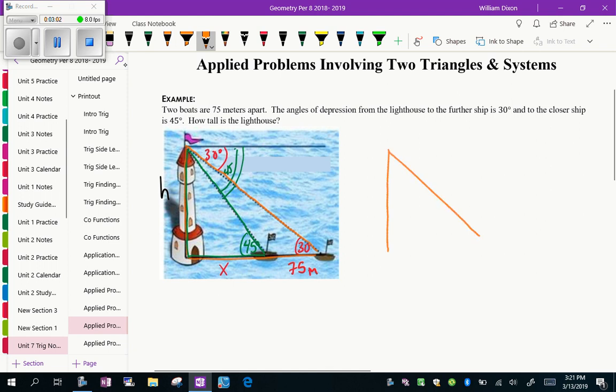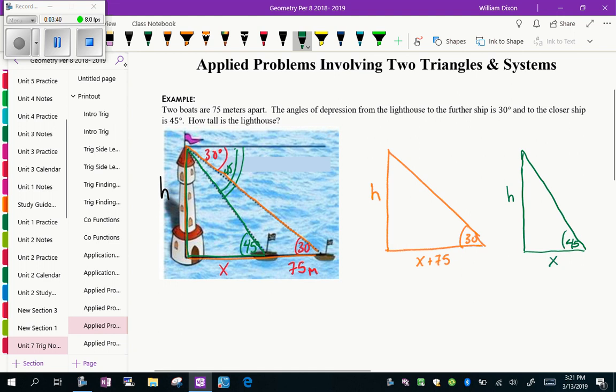In the big triangle, I have my height, 30 degrees, and the base is x plus 75. And then the smaller triangle: the height's the same for both, that's a shared side. That's going to be 45 degrees, and the base is x.